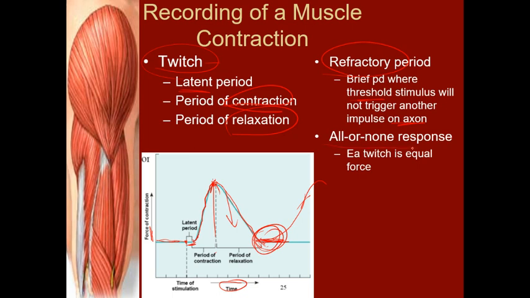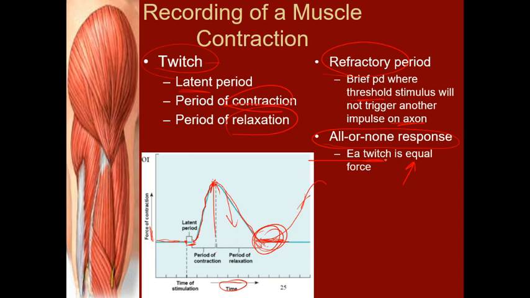Another term in here I want y'all to be familiar with is all or none response. Our muscles either contract or they don't contract. They get a message or they don't get a message. They really don't work harder. I can't tell that twitch to go more and do more work.